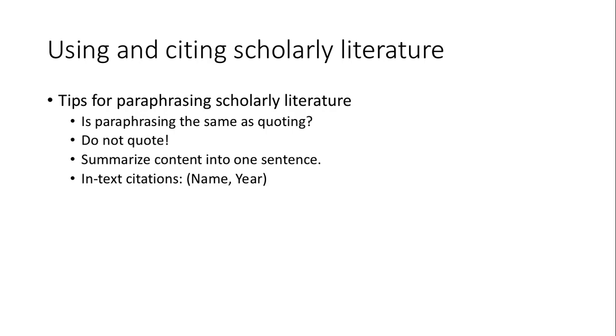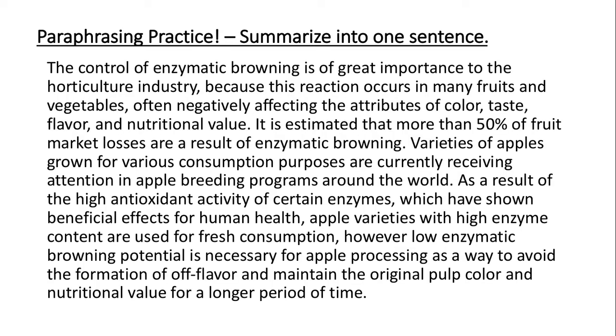So we're going to have you do a scholarly citing activity. So at the end of your sentence, or at the end of your lab summary, we want you to summarize this into one sentence. So you'll read through this entire paragraph and then give the general gist of it, the Cliff Notes version, in one sentence with the proper citation at the end of the sentence, and do not use quotes.